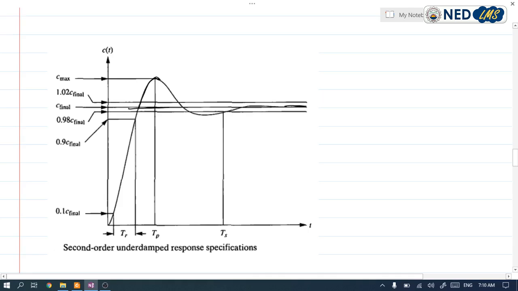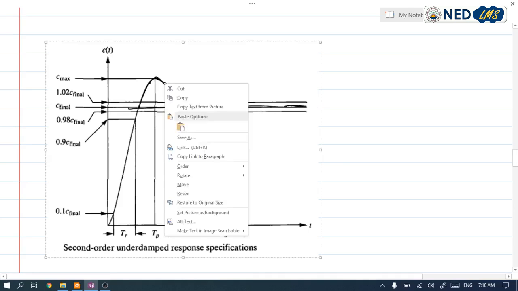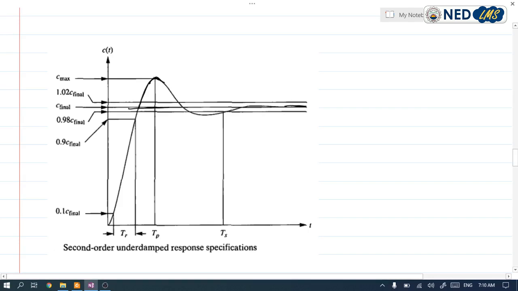So this is the overshoot that our output response achieves, and finally, for settling time, which is plus minus 2% of the final steady state value.